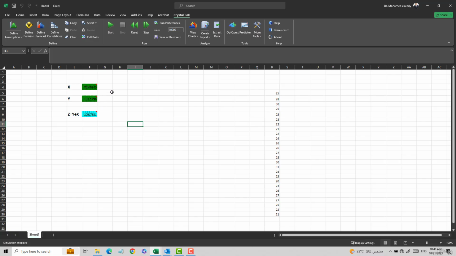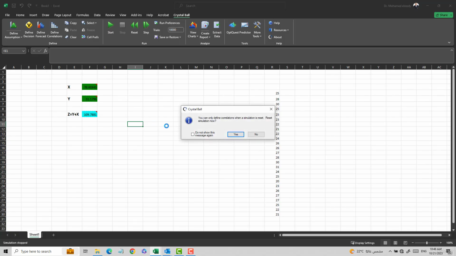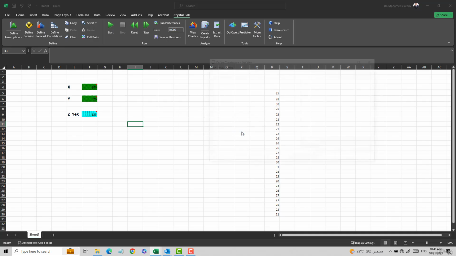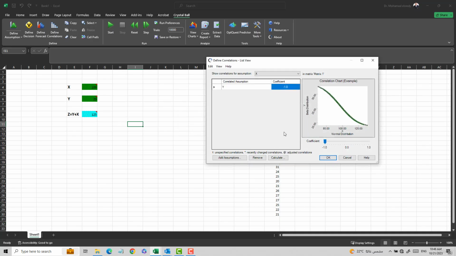Increase, decrease, decrease, increase, and so on. As I mentioned, in the correlation I already defined the correlations. From these correlations I define the relation between them like this. When the x increases, the y decreases, and when x decreases, the y increases. This is my relation according to the phenomenon relation between x and y.